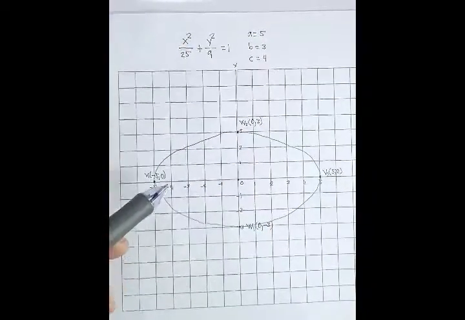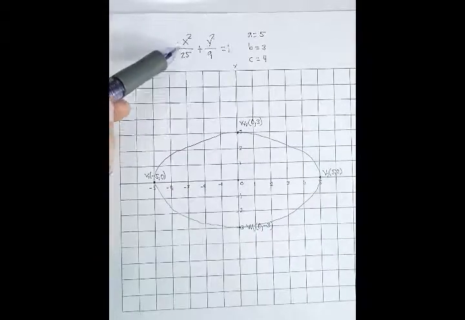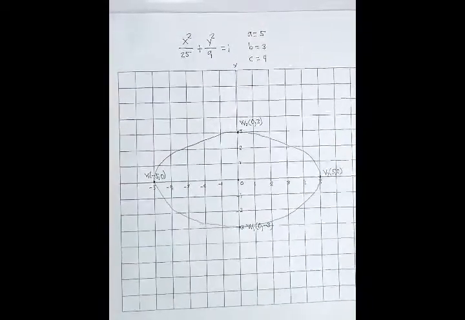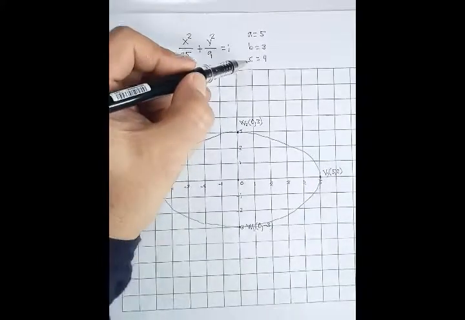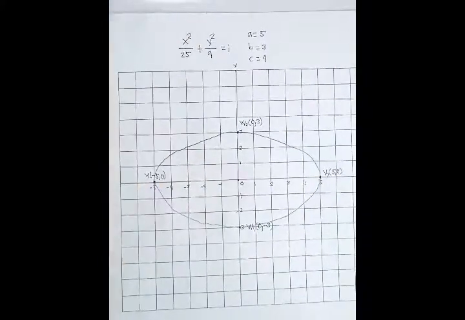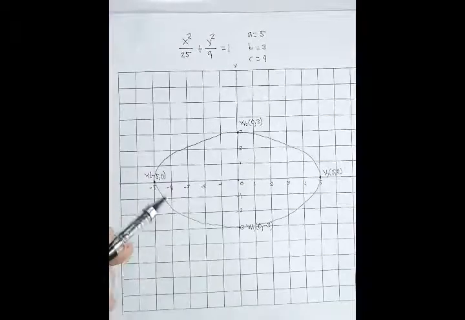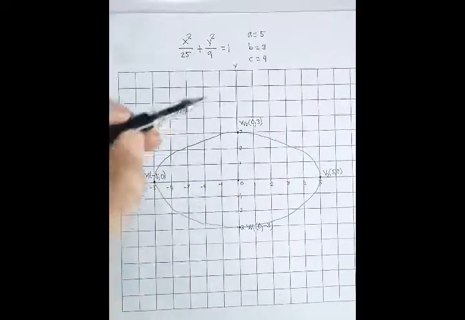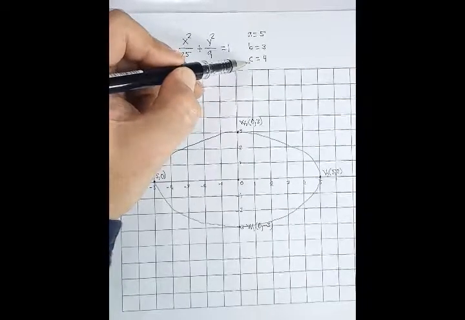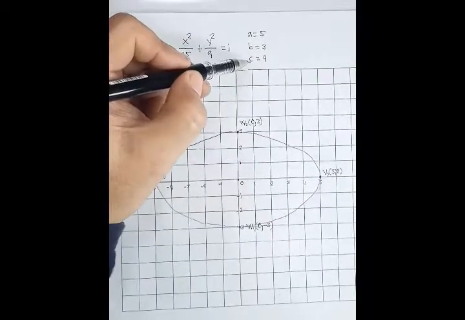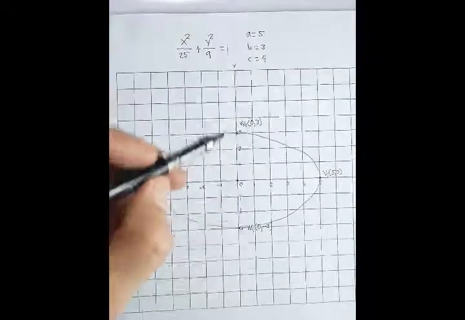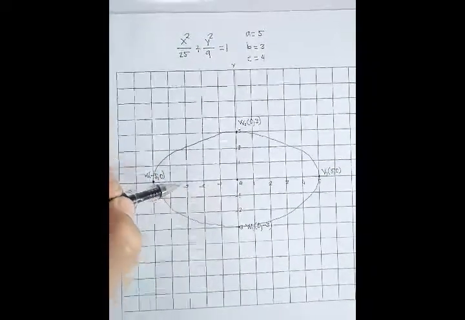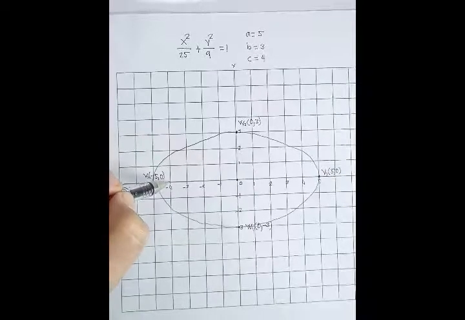So this is now our ellipse x squared over 25 plus y squared over 9 is equal to 1. How about the value of c, or our two foci? The plural of focus is foci. For the focus 1 or F1, from the center of the ellipse, count 4.